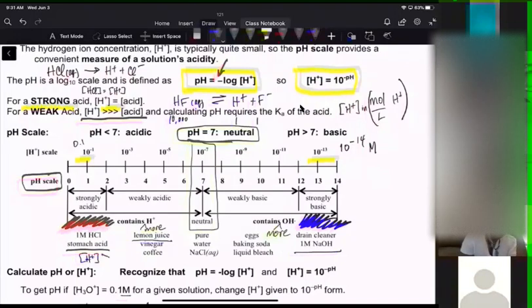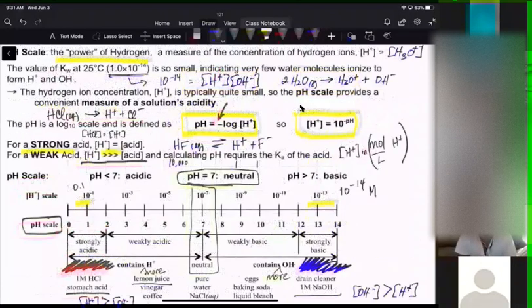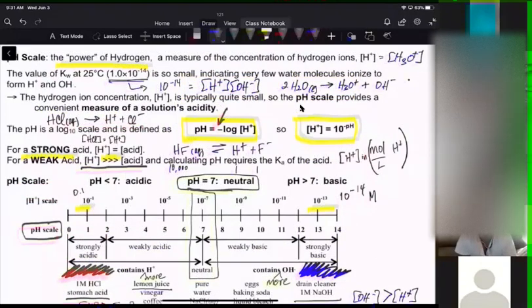And on this side, we're saying that the OH minus is greater than the H plus. But because there's water, we will always have both. Anytime there's water, we will have both H plus and OH minus. It's just a matter of, are they balanced in the middle? Are they neutral? Or is there a lot more H plus or a lot more hydroxide?